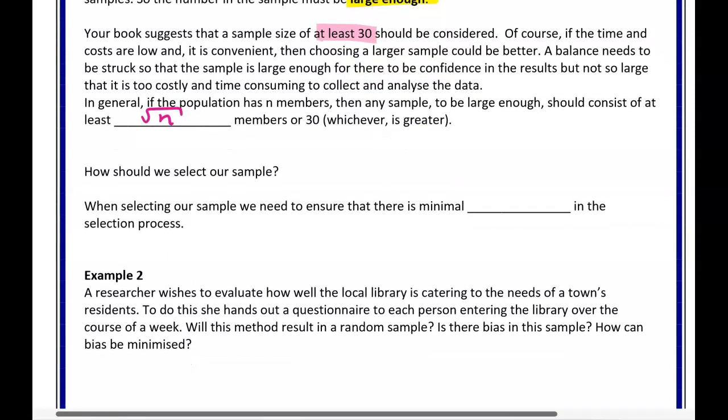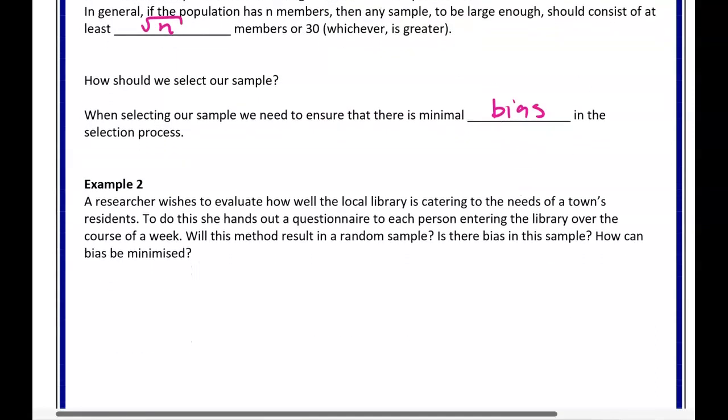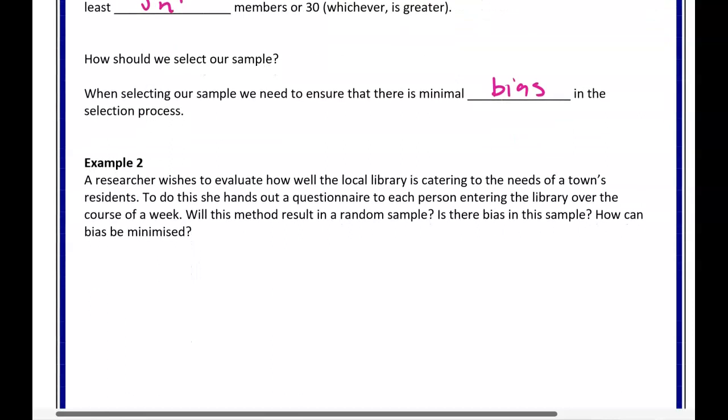So I keep harping on about minimal bias. How do we select our sample? Well, these are some techniques we're going to think about, and a random sample is the most important idea. Make sure it's random. If you want to know what's going on in a particular school about a certain idea, then we wouldn't select everyone from one year group unless we were targeting that particular year group.